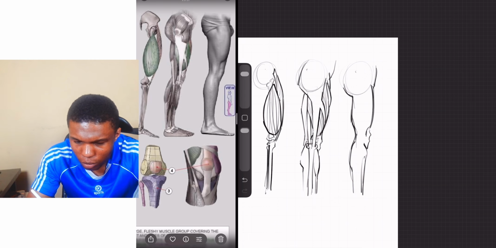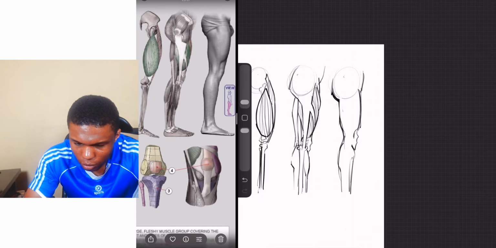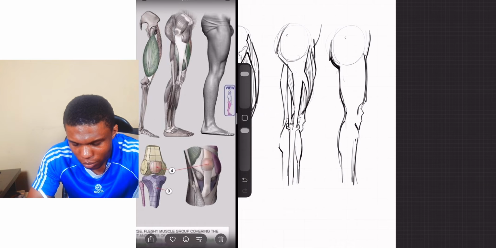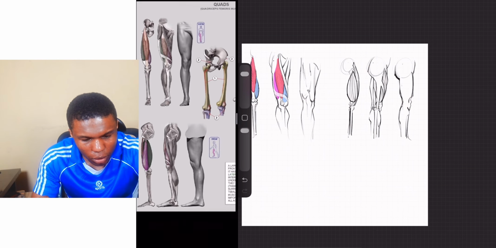Yeah, it's not exactly, but you get the gist. And then lastly, the inner parts.